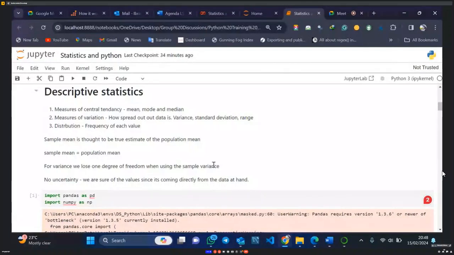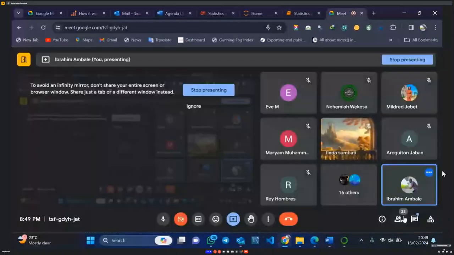And a sample mean is thought to be true. Jolene is asking, what are we discussing?